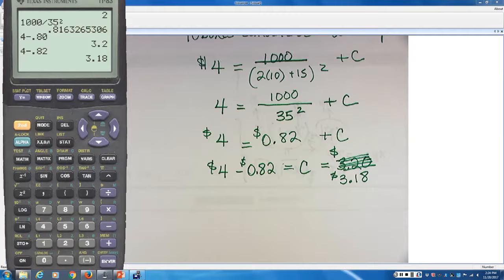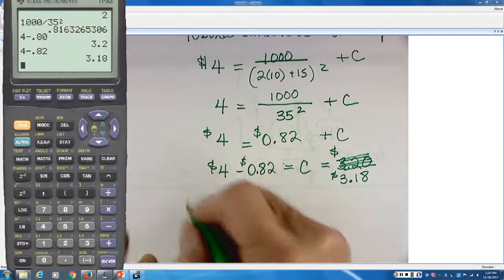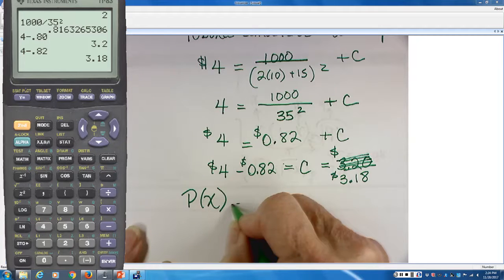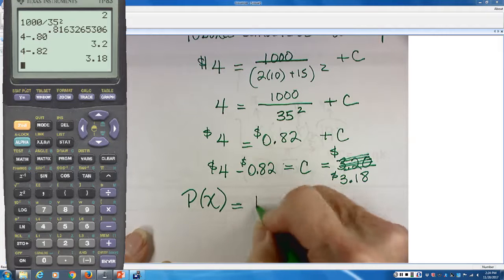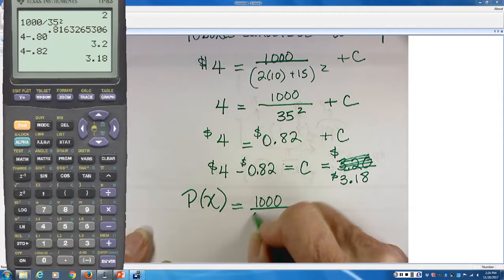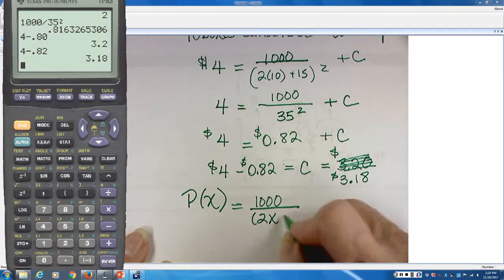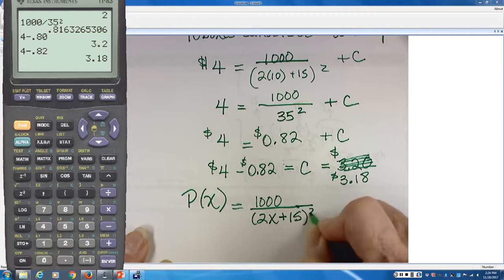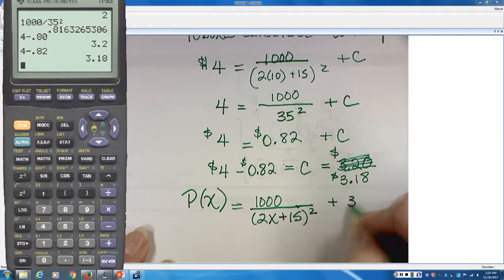So this means our demand equation, the price at which X units are demanded, is given by 1,000 divided by 2 times the quantity demanded plus 15, quantity squared, plus $3.18.